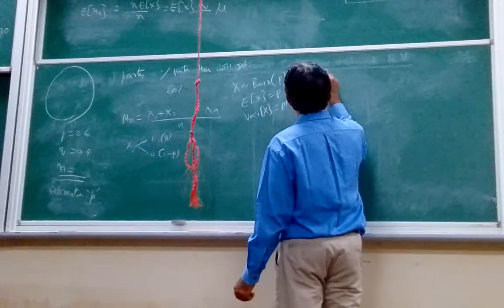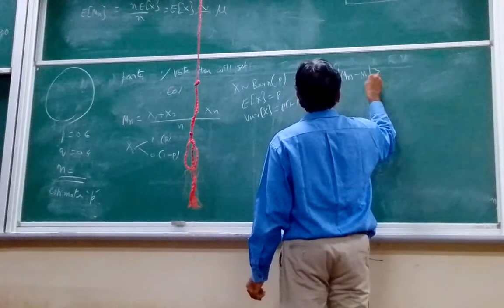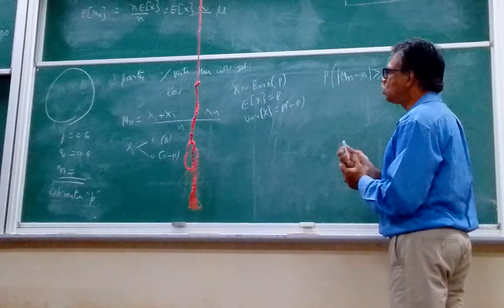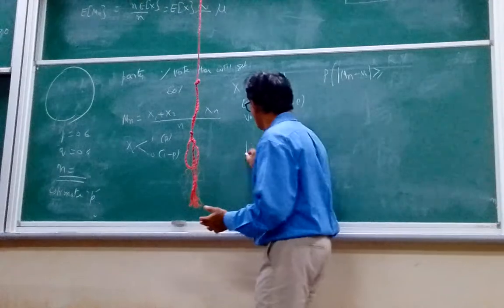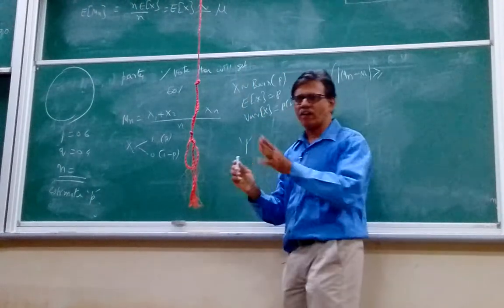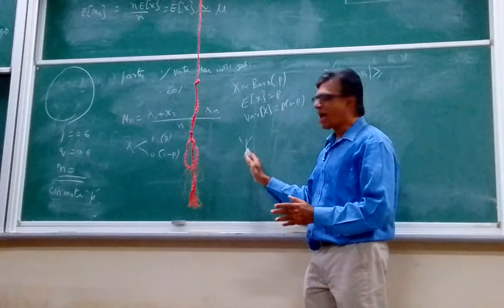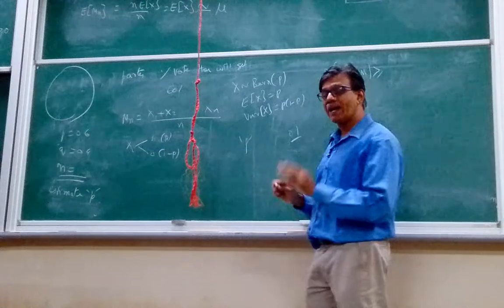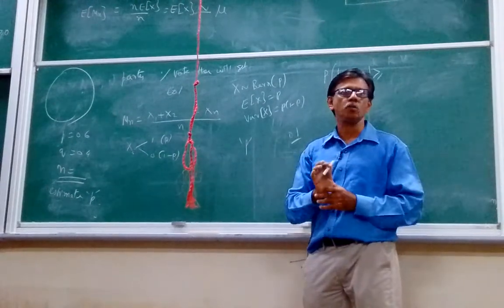So if you apply the Chebyshev inequality, the probability that |M1 minus mu| is greater than or equal to, let us take the case that you are going to look for an estimate for p, but you cannot find the exact one. You are ready that the p value can deviate by 0.1. You are ready to that.